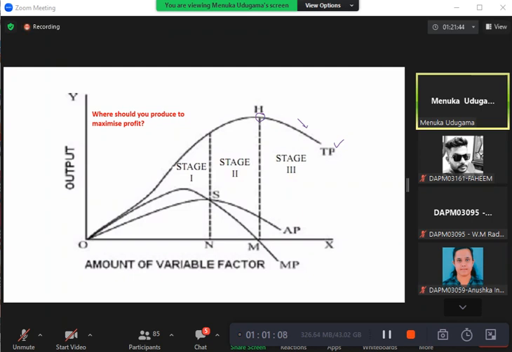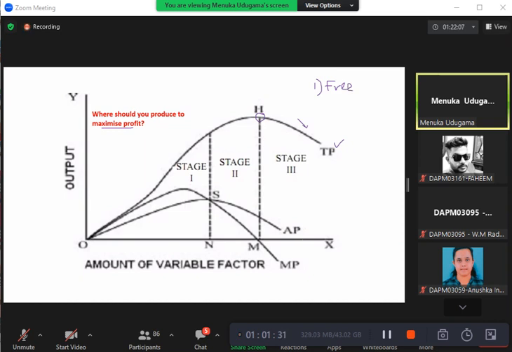Right. So now you can see the output increases, comes to a maximum, and then starts decreasing. And these are also the same, the other two graphs. Now the question is, how do you decide on the profit maximizing point? How much of inputs to use to produce the maximum amount of output that would maximize your profit, right? So to do that, we will look at two scenarios. One is when the input is given free.